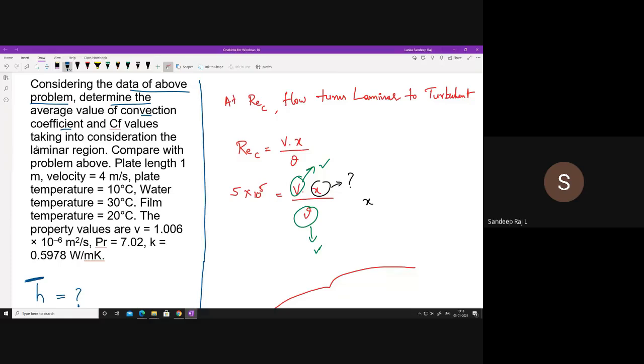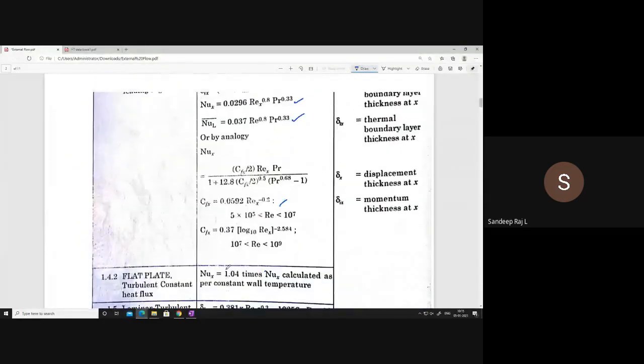He's saying that taking into consideration the laminar region, this is the key in this particular problem. These words are very important in this problem. In the previous problem that we have done, we have made use of these formulas.